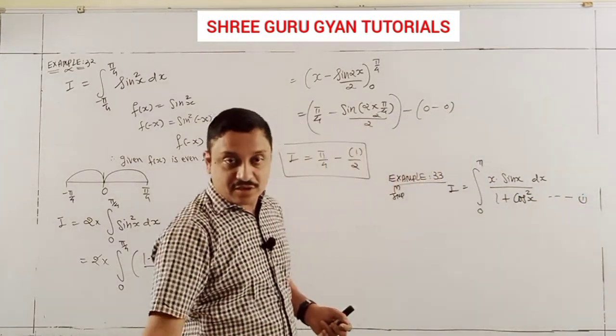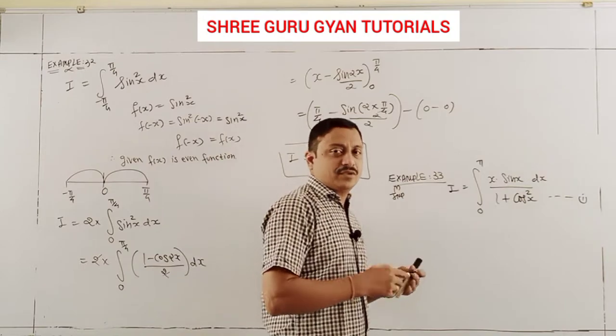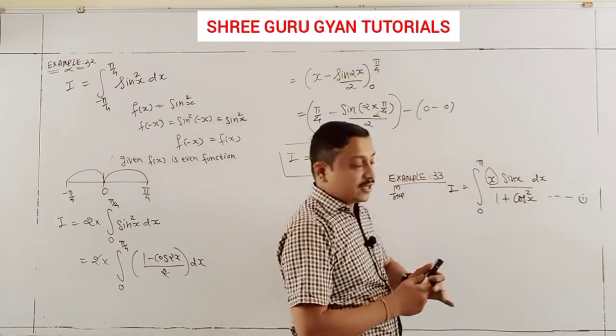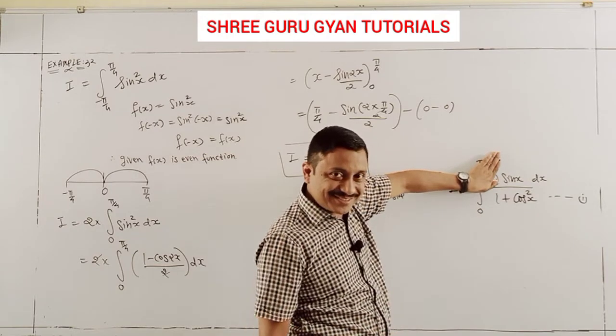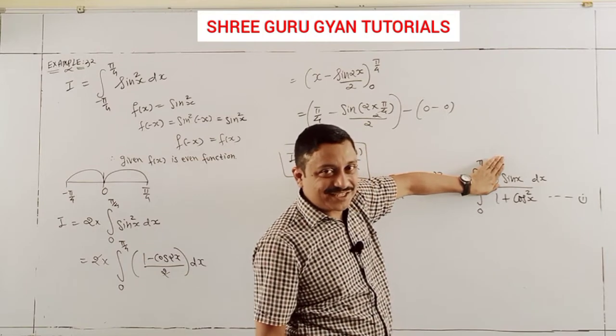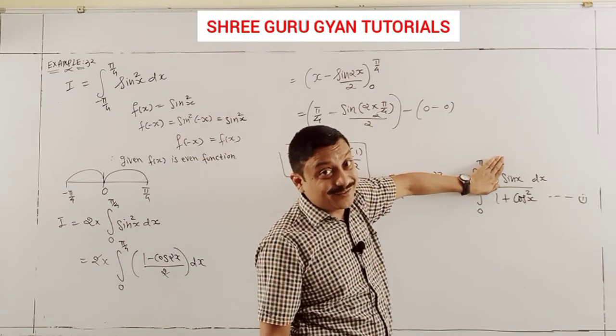Statement 1. First of all, you think about it: if this x is not given, it means I remove this x anyhow using a theorem. Definitely the other part is cos x substitution, sin x dx, easily converted.